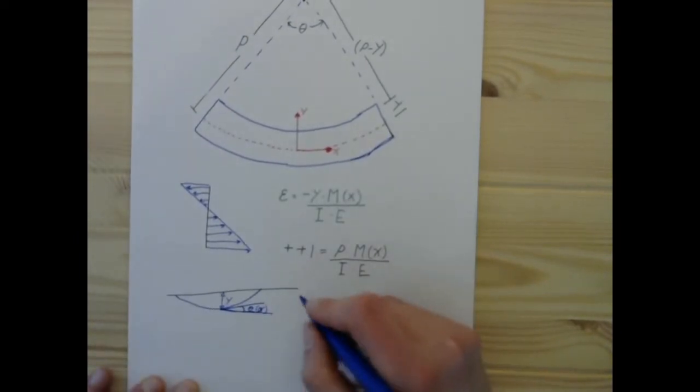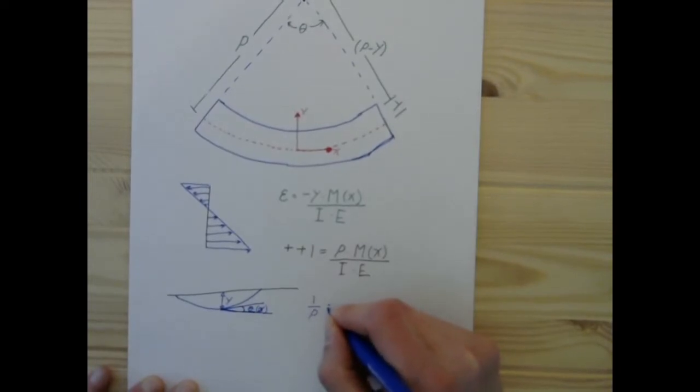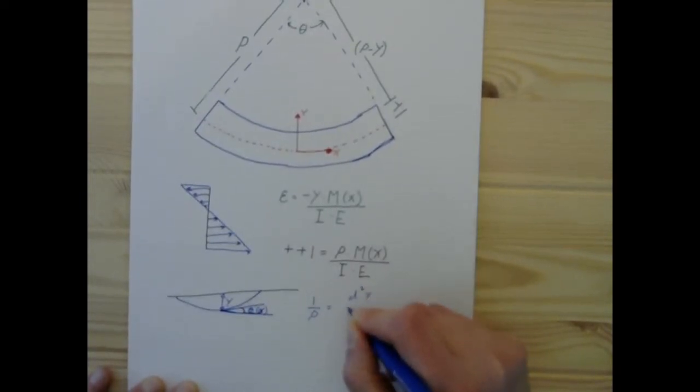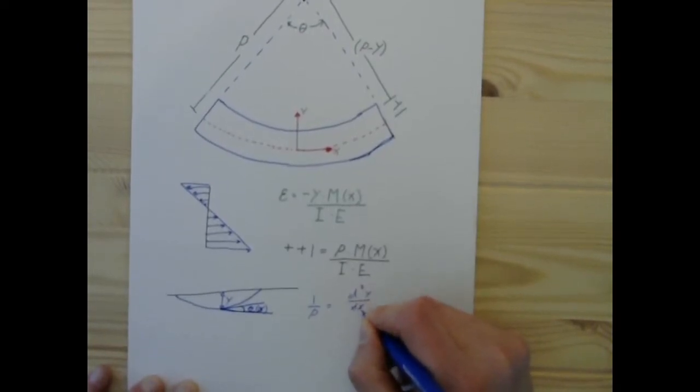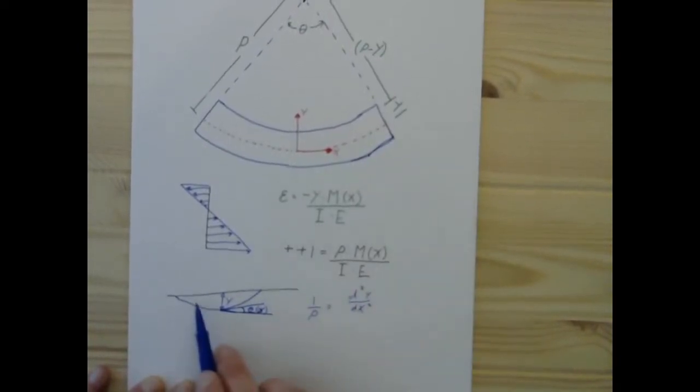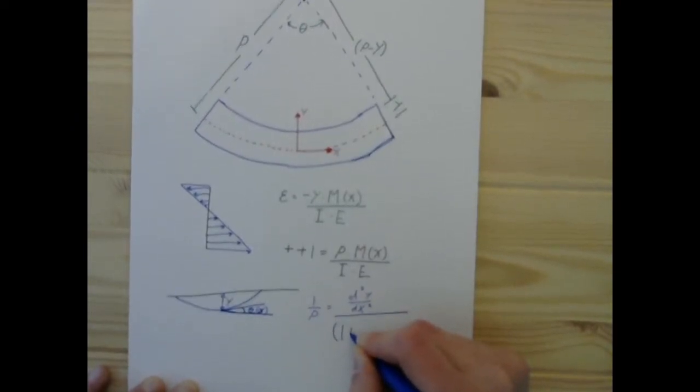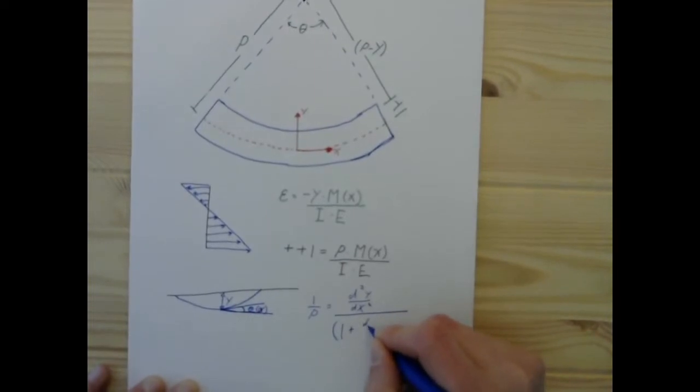So we're going to be able to write that 1 over rho is going to be equal to the second derivative of y, our deflection, divided by 1 plus the derivative of the deflection squared to the 1.5 power.